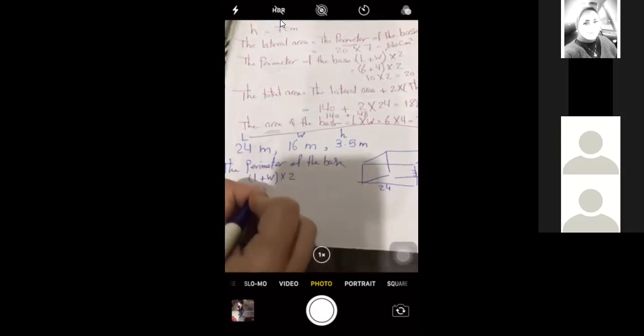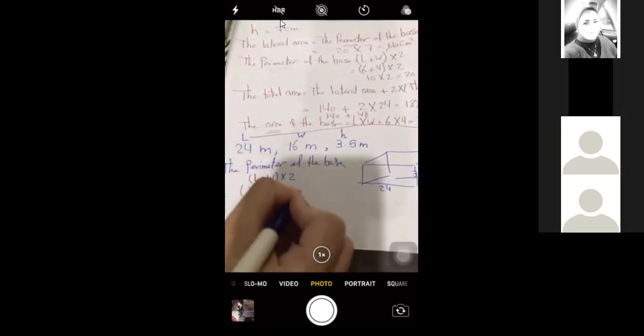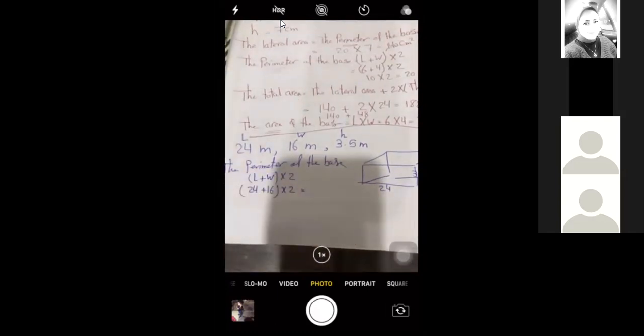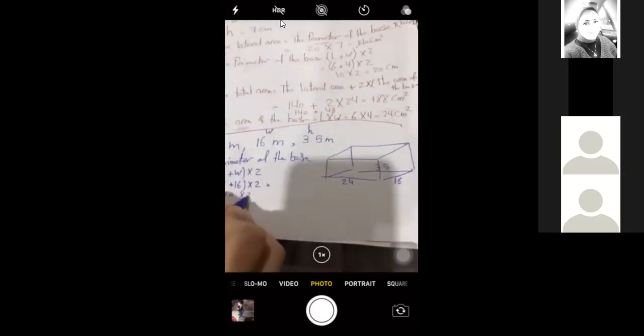So it's 24 plus 16, multiplied by 2, equals 80, because it's 40 multiplied by 2, which equals 80. 80 centimeters? It's the perimeter.